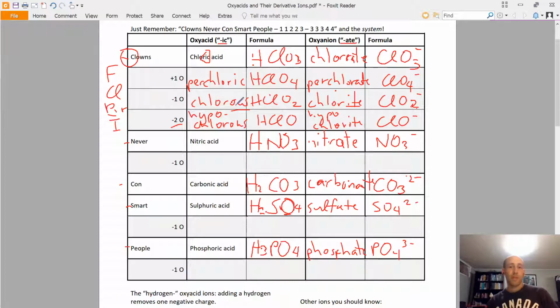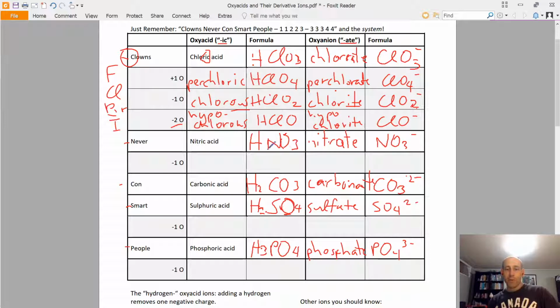You could have bromous acid. You could have the hypoiodite ion. That would just be IO minus. So you can replace the chlorine with any of these, and then you just replace the chlor part of the name with fluor, brom, or iod. So actually that gives us 4 times 4, 16 polyatomic ions, and they're oxyacids as well that you've learned how to name. You just learned how to name 32 things. Pretty good. Well, let's move on.